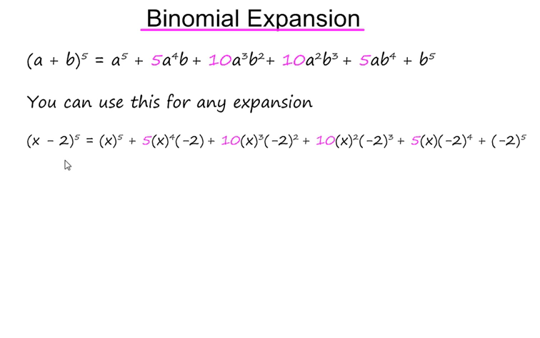Be really careful to keep in the minus 2. So using the expansion from above, every time we have a, we'd put in x, and every time we have b, we'd put in minus 2. So we'd have x to the power of 5 plus 5x to the power of 4 times minus 2 plus 10x cubed times minus 2 squared plus 10x squared times minus 2 cubed plus 5x times minus 2 to the power of 4 plus minus 2 to the power of 5.